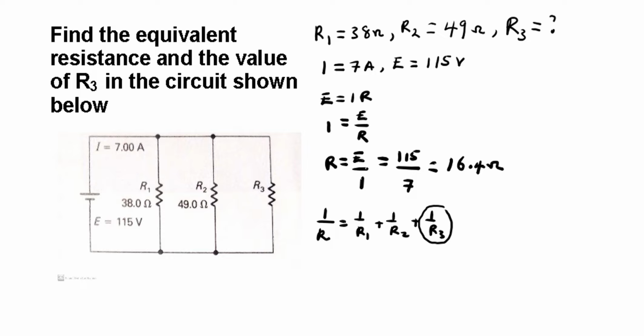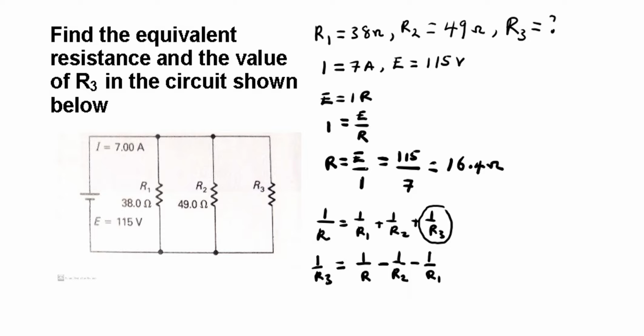So 1 over R3 will now be equals to 1 over the equivalent resistance R minus 1 over R2 minus 1 over R1, because this R1 and R2 crossing over the equality sign, they will not be negative.